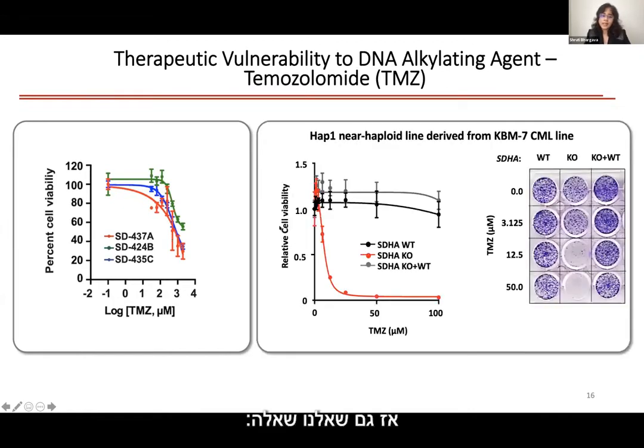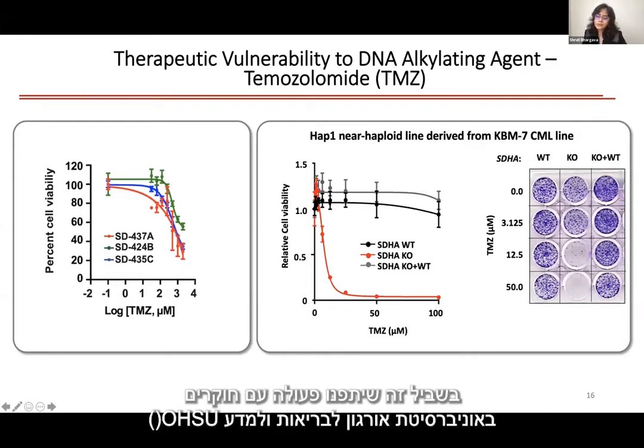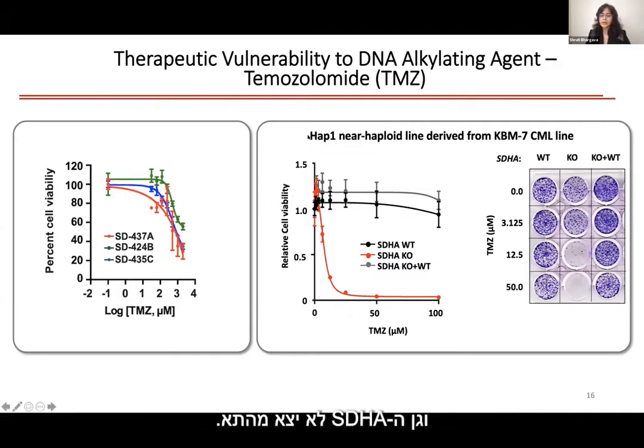We then asked the question: is this due to the loss of the succinate dehydrogenase complex in the cell? For this, we collaborated with researchers at OHSU, and the SDH gene was knocked out from the cell.